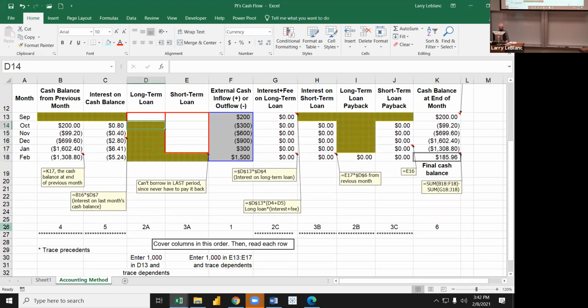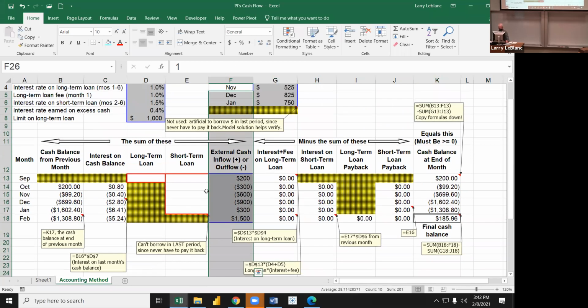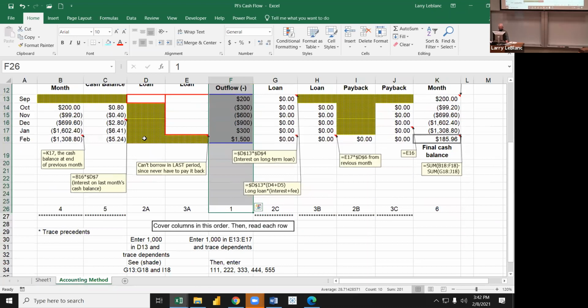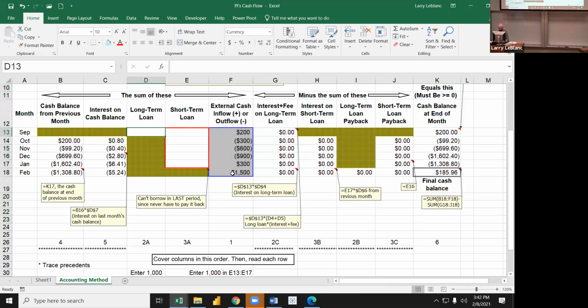2A, so look, I'm reading row 26. First, I wanted to go through this column, 1. Now I want to go through this column. Let's put 1,000 in the long-term loan and see what happens. Immediately, we have to repay. Look at the greenish, grayish cell over here.